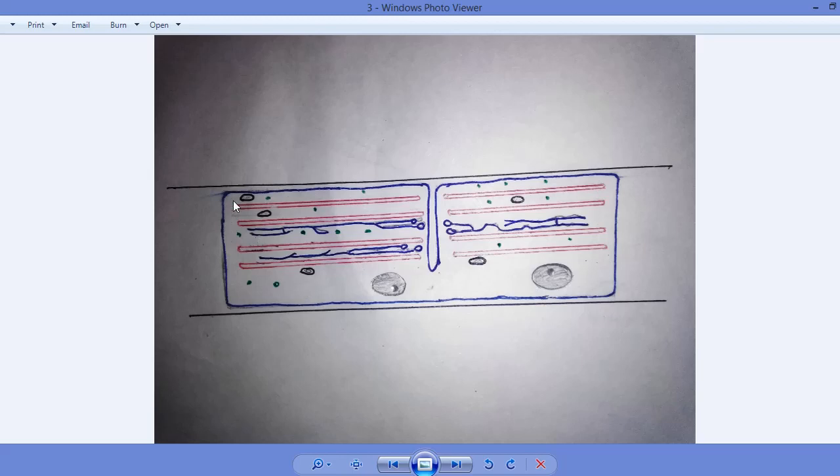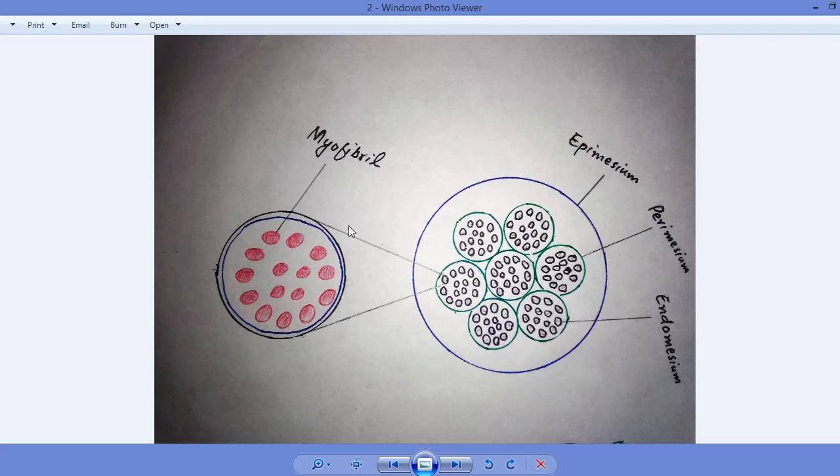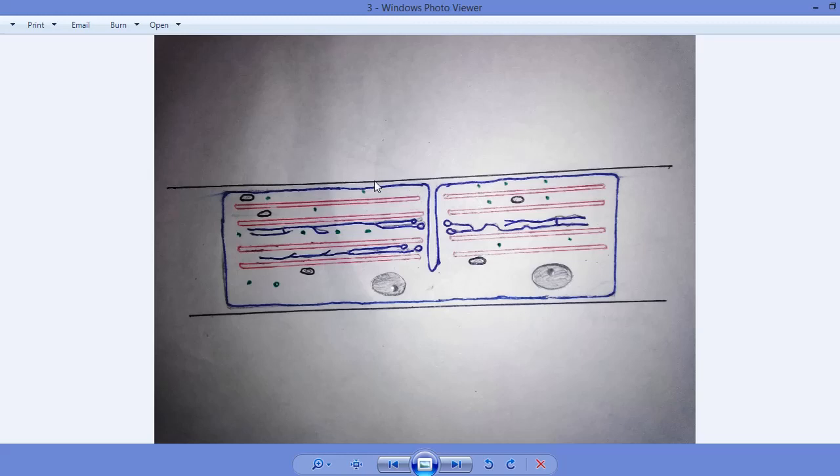Each elongated muscle cell contains these red fibers. You can see these are the myofibrils, as I have shown you. This myocyte is enclosed by a layer that is called sarcolemma.